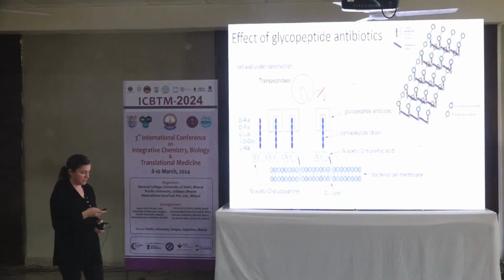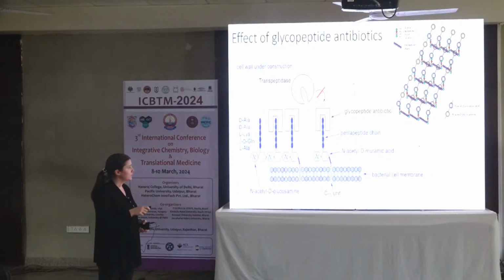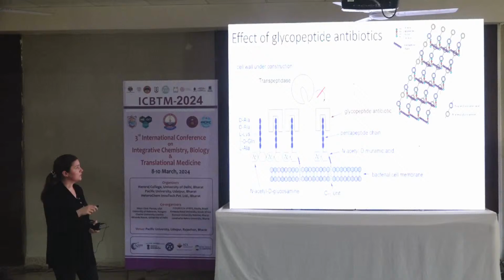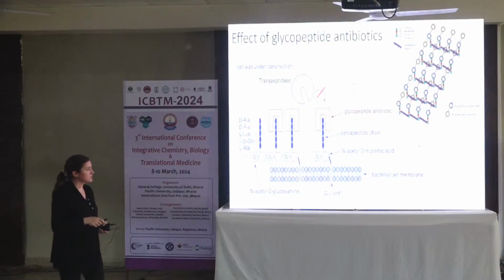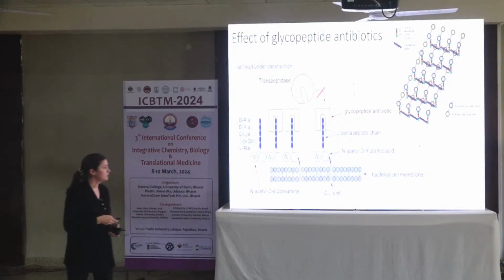The glycopeptide antibiotic can connect to the end of the oligopeptide precursors, and they can hinder the function of the transpeptidase enzyme, so the transpeptidase enzyme cannot create these cross linkages.